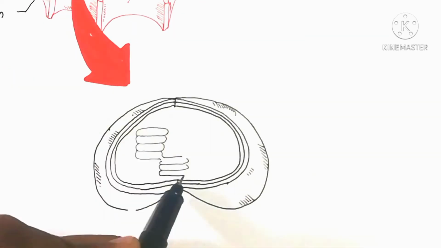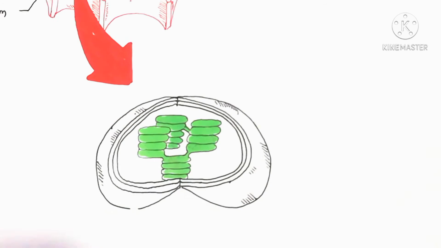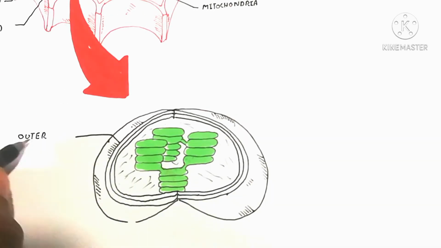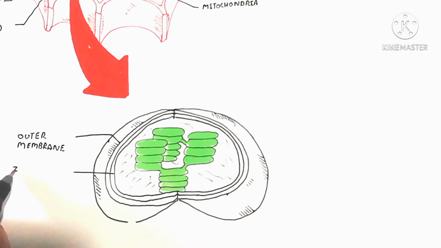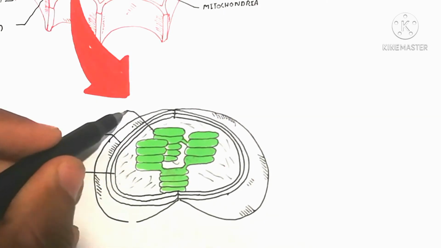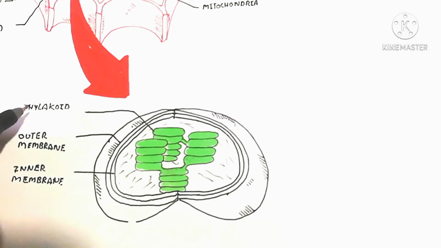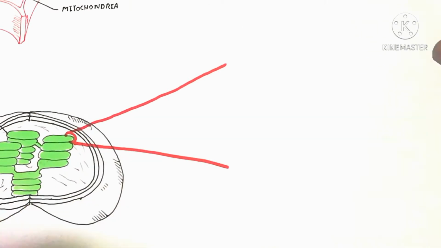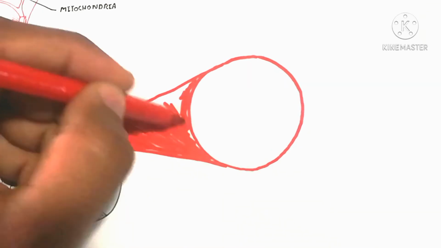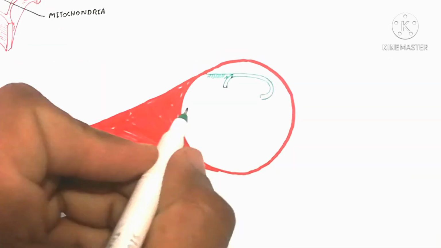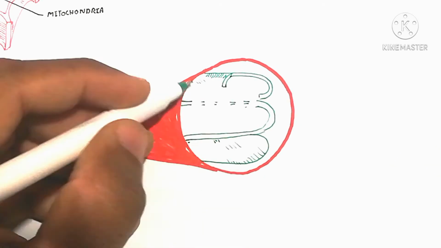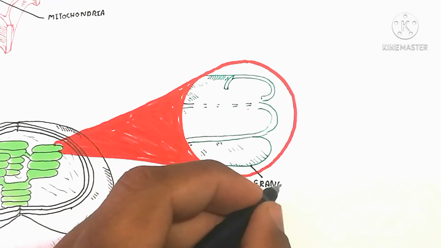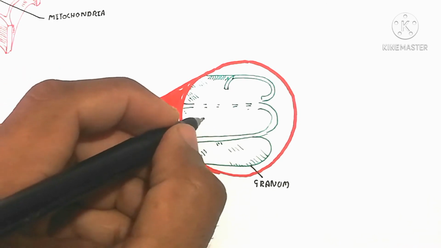So here is the mitochondria. Now here I am drawing the chloroplast, which is a double membrane organelle that contains thylakoids, with a combination of granum known as grana, and outer and inner chloroplast membrane, which is surrounded by the stroma inside, where the thylakoid floats in the stroma.